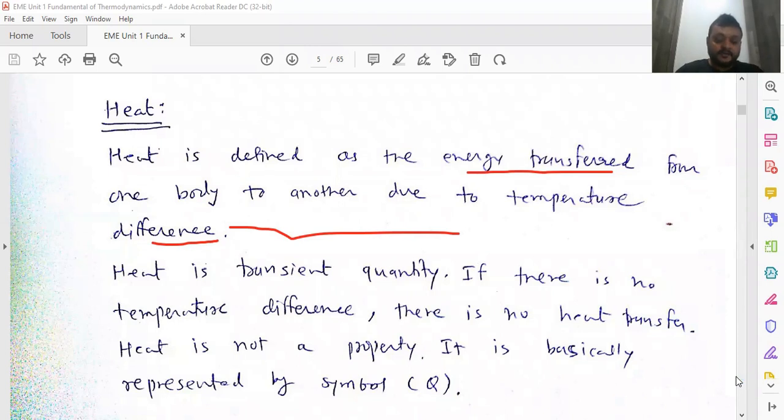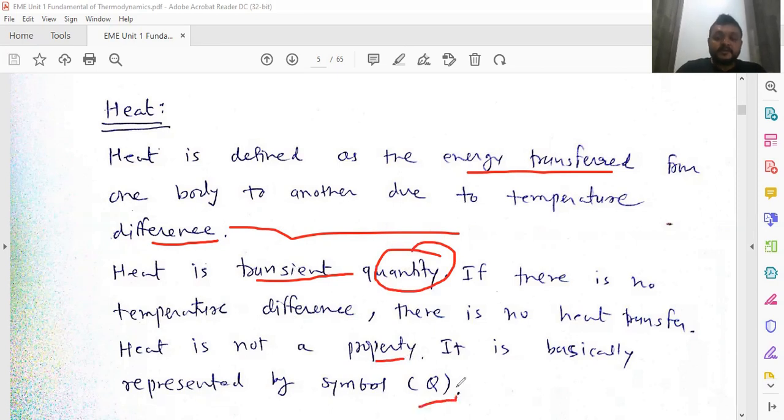Heat is again a transient quantity like work energy. It is in transfer mode, and if there is no temperature difference, there is no heat transfer. So it is not a property, it is called a transient quantity. But what is a property? Temperature is called a property.